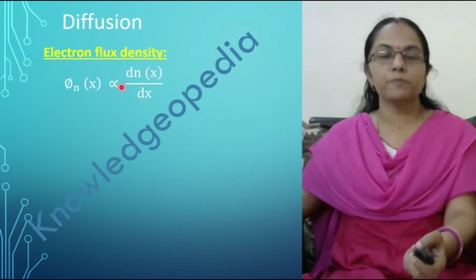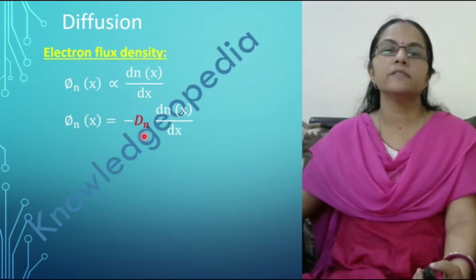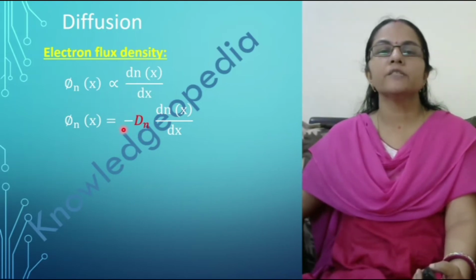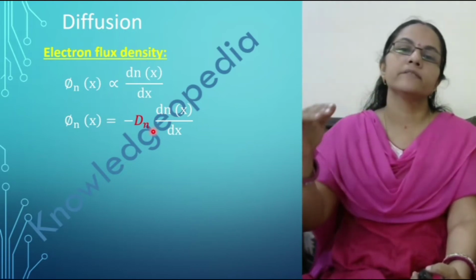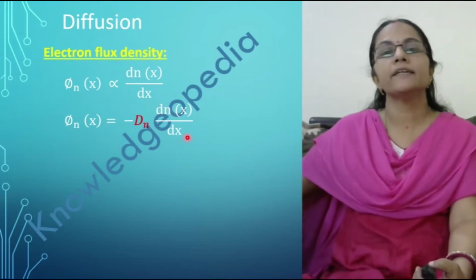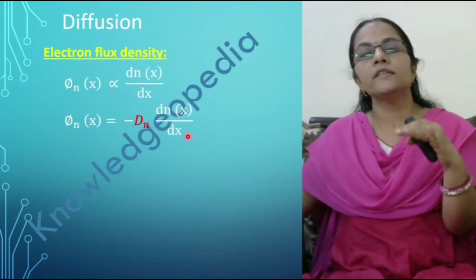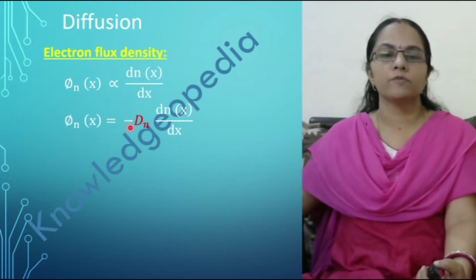If you remove the proportionality sign, I'll get this Dn over here, that is a proportionality constant, and this negative sign shows that the carriers move from a higher concentration region to a lower concentration region. That means this gradient is in a decreasing direction. So that's why this sign is negative over here.